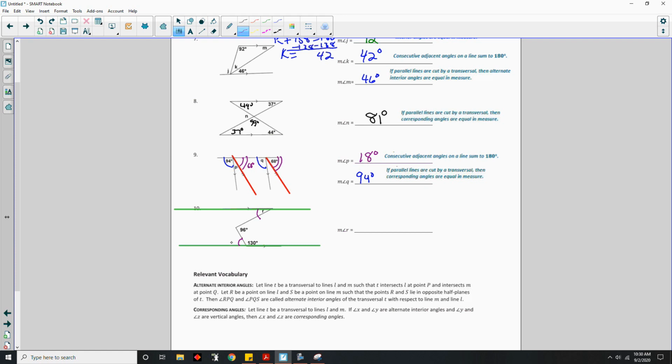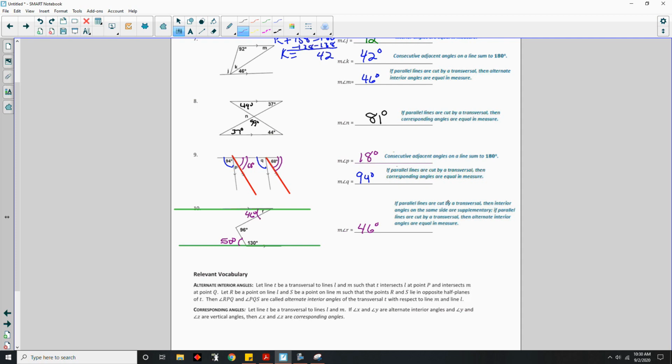So finding this angle, it's 50 degrees because linear pairs are supplementary. So what do I add to 50 to get 96? And the answer is 46. Okay, so it asked what R was, and R is 46 degrees.